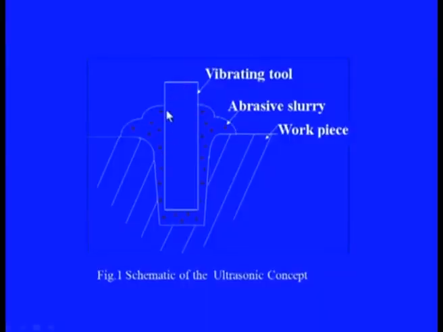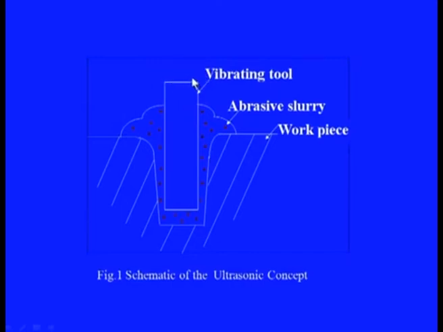Similarly, in this ultrasonic assisted EDM process, either the tool or the workpiece can be given this ultrasonic assistance, which will help in removing the debris more efficiently. Here is the principle explained. The figure is on the screen. This is the tool which is responsible for the ultrasonic vibration.